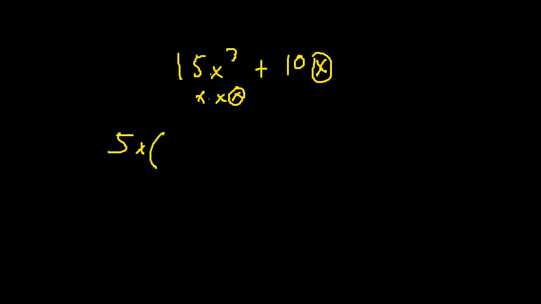Pulling out that 5x from each term, 15x cubed, dividing out that 5 leaves me with 3. Dividing out the x leaves me with 2 factors of x left, or x squared. Dividing out the 5x from my 10x, I'm left with plus 2. So this then is my factored form. I have factored out the greatest common factor.